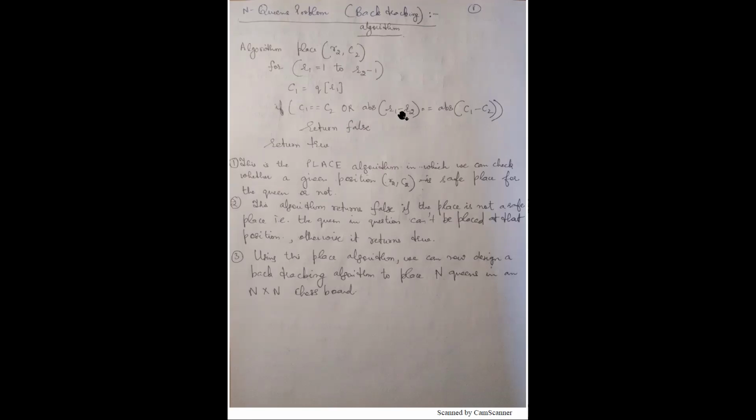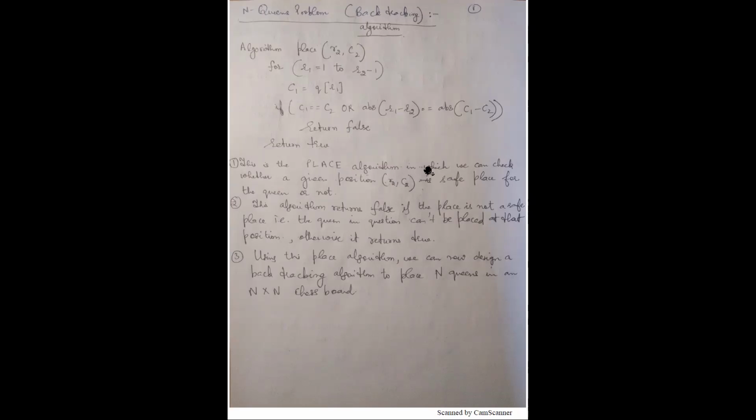So if this is true, it will return false. That means the position at which we are trying to place the queen is not a suitable position, right? If these conditions are met, then that is not a suitable position for the queen, and if these conditions are not met, that means that's the place for the queen to be placed.